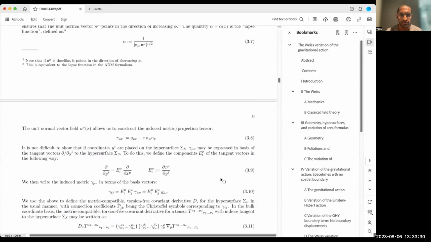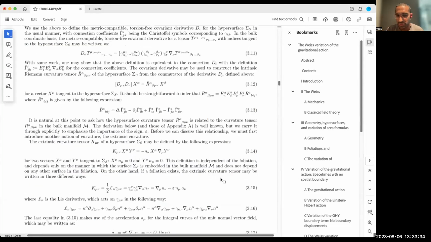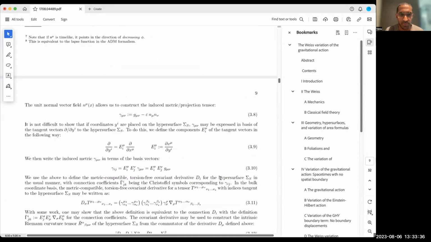So the area functionals they're referring to are just different actions involving world volumes, and they could be of any codimension in principle, but mostly they look at codimension 1.